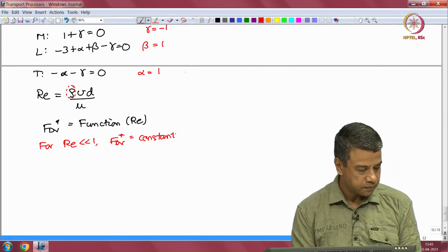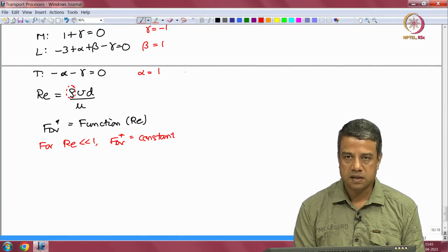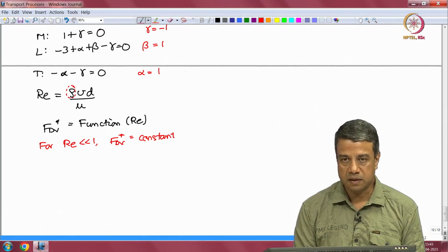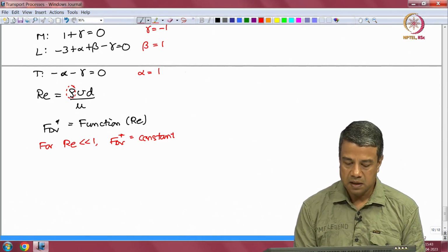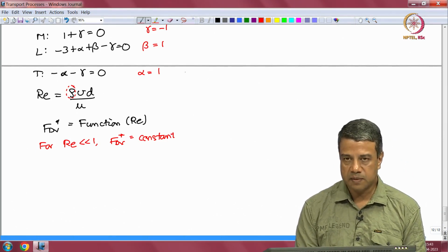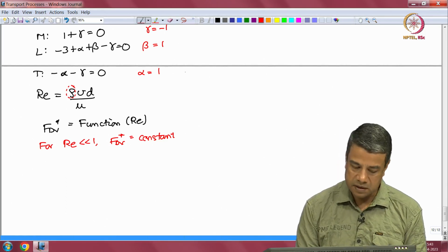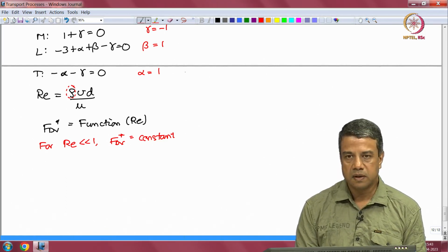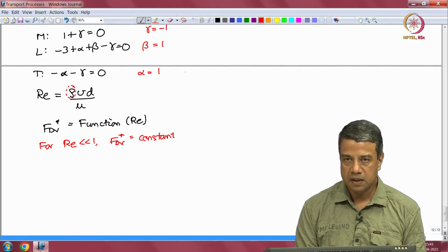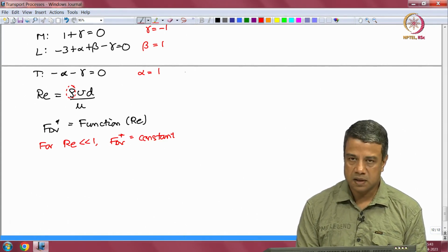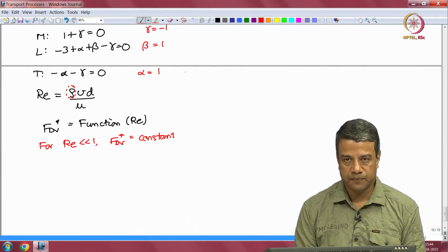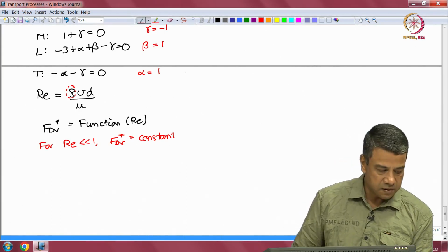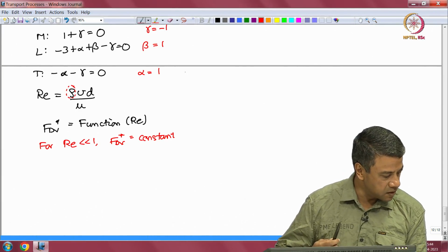So, dimensional analysis tells you that the scaled drag force has to depend upon the Reynolds number. In the limit of the Reynolds number becoming small, it tells you that the scaled drag force has to go to a constant value. It does not tell you what that constant value is. For that you actually have to solve the problem. And if you actually solve the problem, you get what is called Stokes drag law.